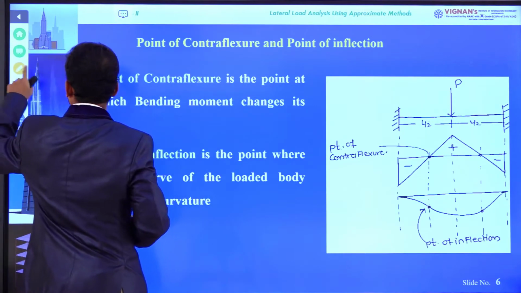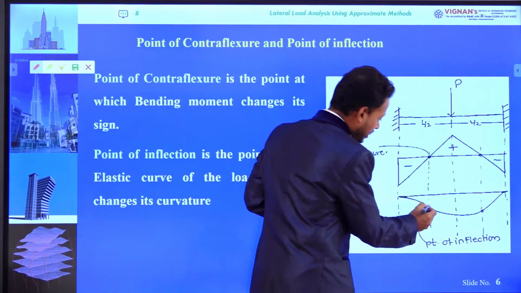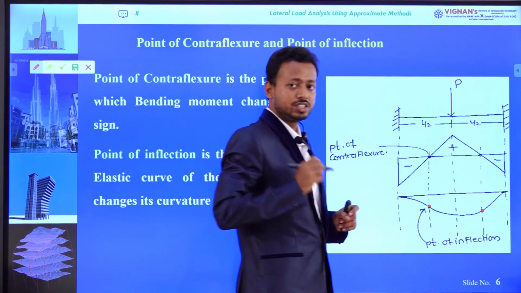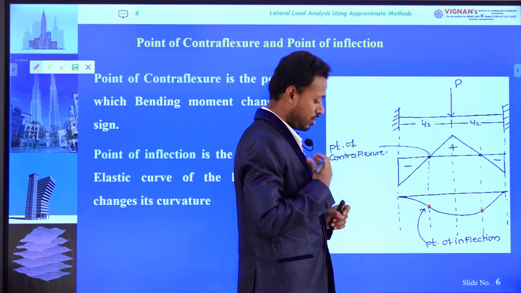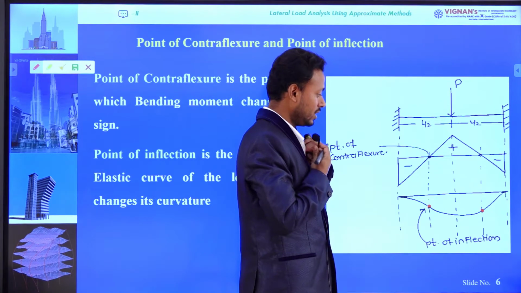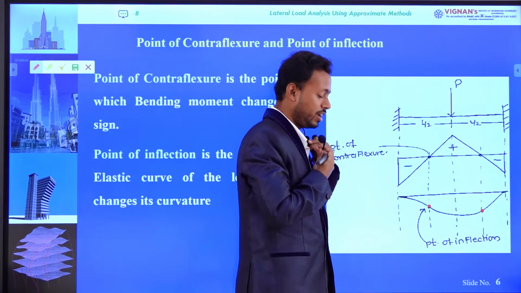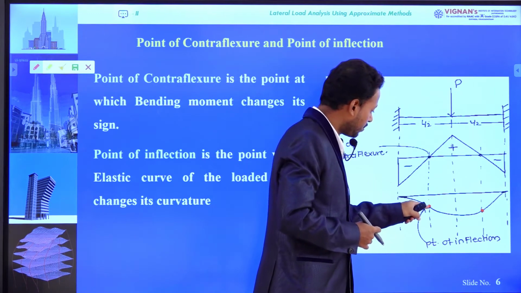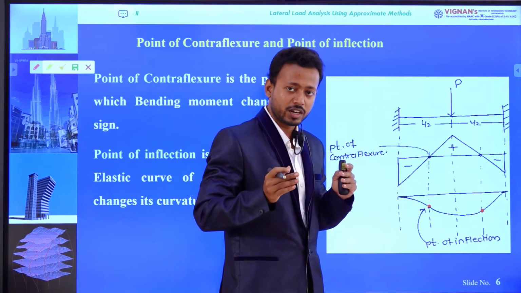So the point at which the elastic curvature of the loaded body is changing is called the point of inflection. So the point is the same but the context is different.